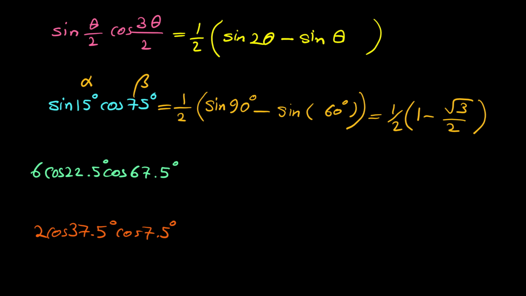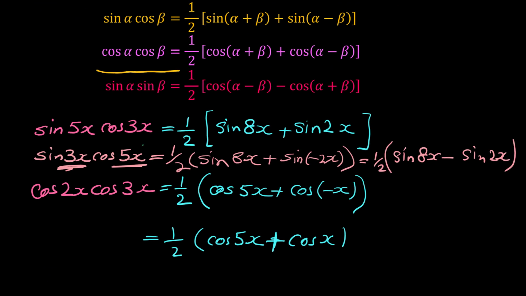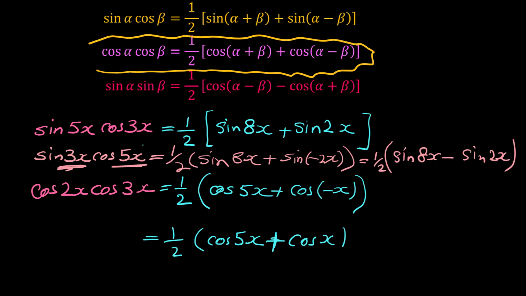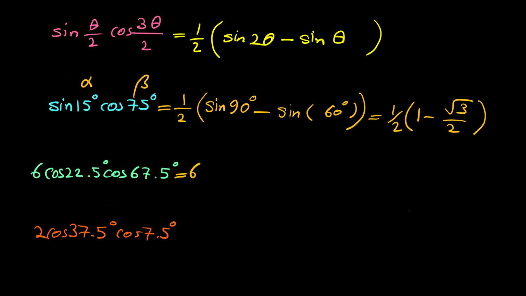So here we write 6 here and we start using the product to sum formula for cosine times cosine. Let me remind you. Cosine of alpha times cosine of beta is 1/2 cosine of the sum of the angles plus cosine of the difference of the angles. So based on the formula, cosine of alpha, this is your alpha and this is your beta.